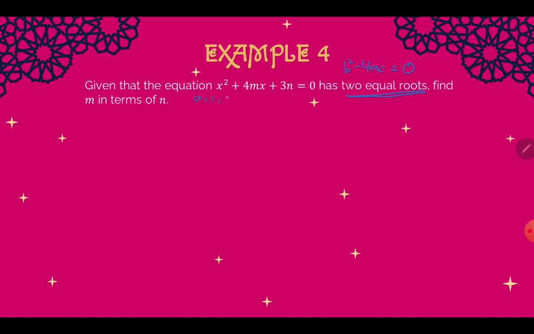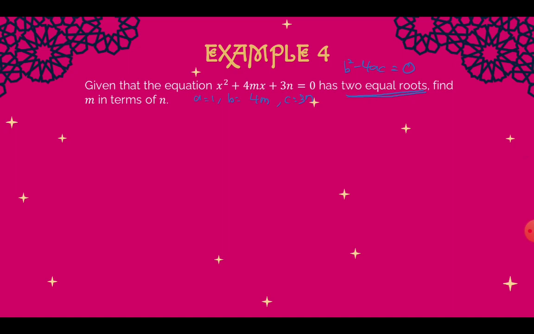A equals 1, B equals 4m, and C equals 3n. Find m in terms of n. So, the same thing: substitute the values of A, B, and C into discriminant equals 0. When we talk about m in terms of n, m is the subject.